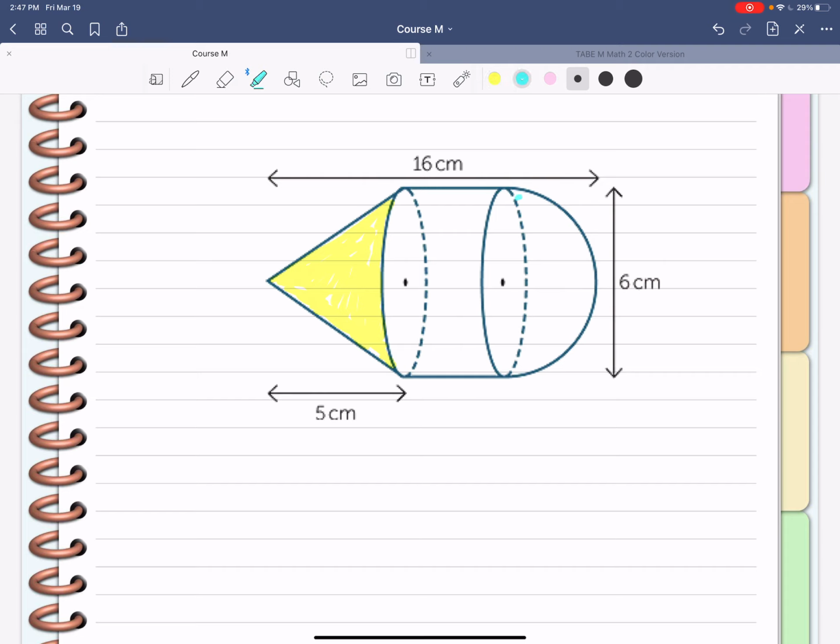Here you have half of a sphere. That's a hemisphere, half of a sphere. And in the middle, what do you have? That's a cylinder in there.